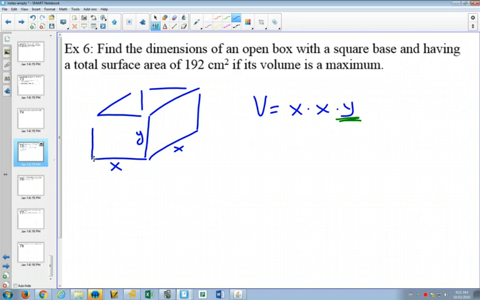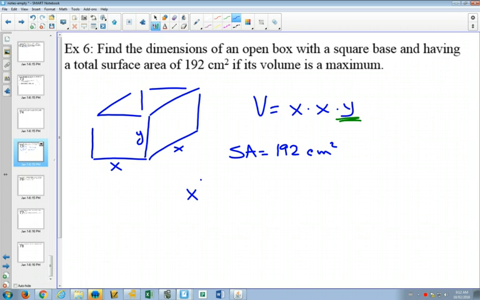The other piece of information that we're given is our surface area is 192 centimeters squared. So maybe there's a way that we can use our surface area to figure out what either x or y is. Now, how do you calculate surface area of an open box? Area of the sides and the area of the bottom, right?